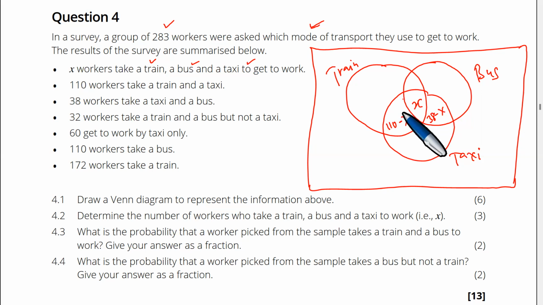Taxi and bus, the 38. This one's already X, so it is 38 minus X. Next, so we are done with this one, we're done with this one, we're done with this one.